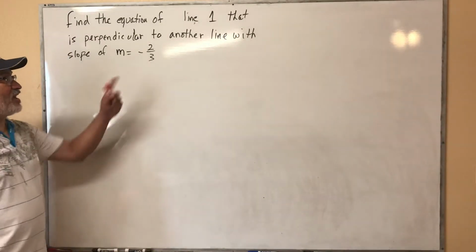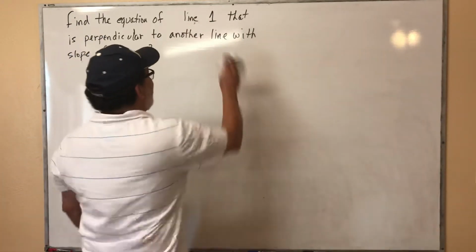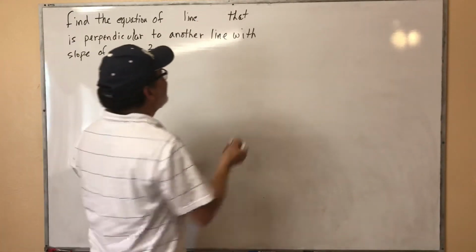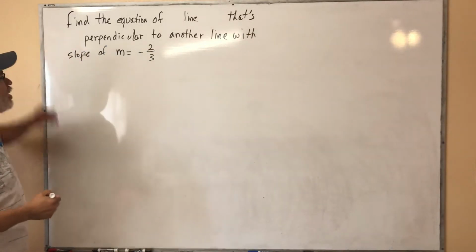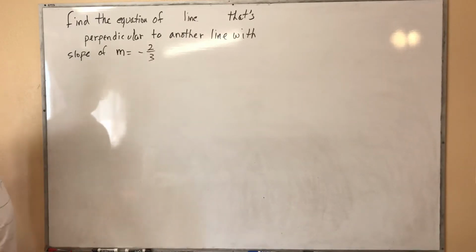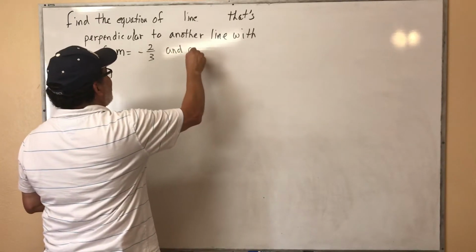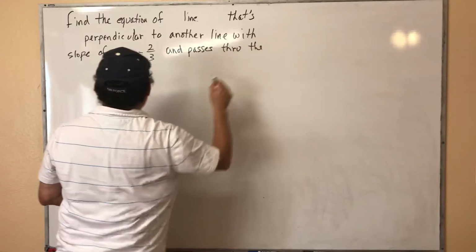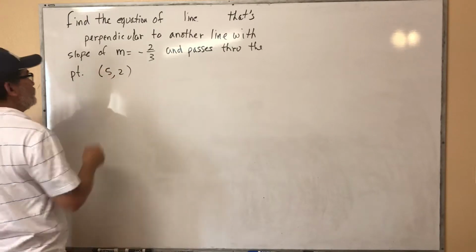Find the equation of a line, let's say line 1. You don't have to. Find the equation of a line that's perpendicular to another line with slope of m equals negative 2/3 and passes through the point 5, comma 2.